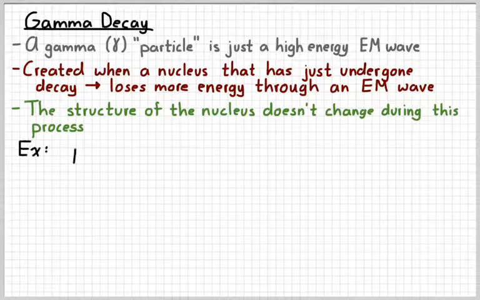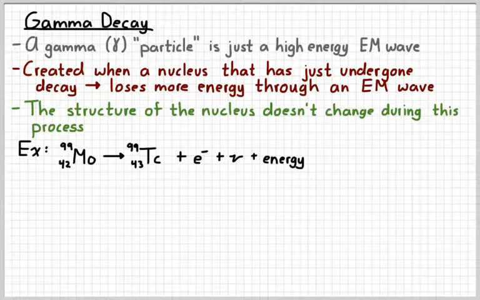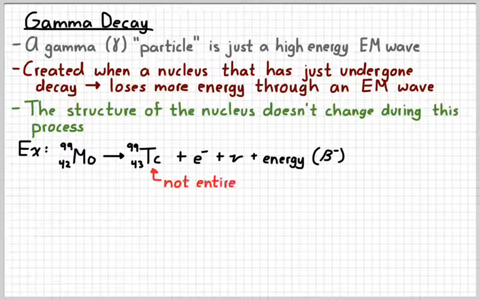So an example of beta decay, in a certain nuclear decay reaction: molybdenum-99 will decay into technetium-99 plus an electron, and then a neutrino and some energy. So that would be like beta minus decay. Now, as a result of this, the technetium nucleus is not entirely stable.